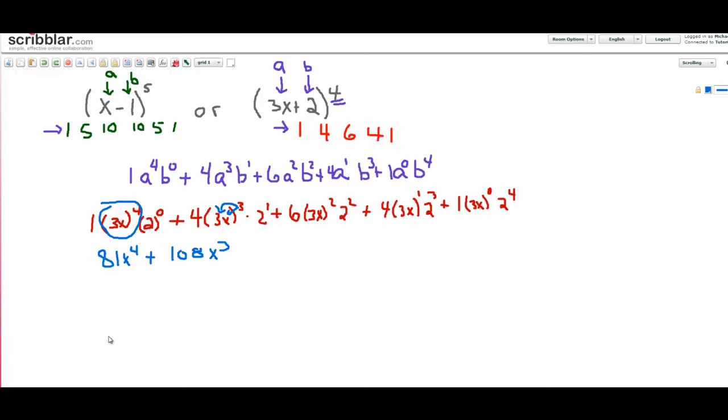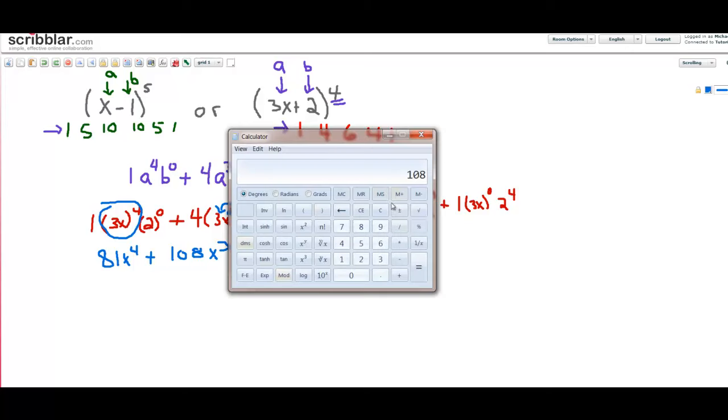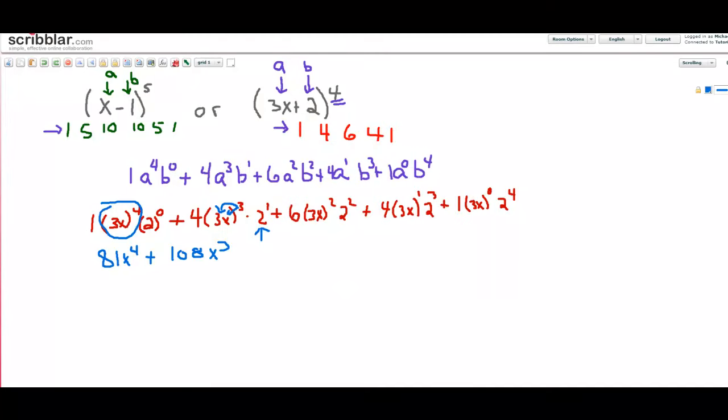And now a lot of students, when I start writing this, half of them say, oh, okay, that sounds right. But the other half usually say, hey, wait a minute, what about this guy? Exactly. That's 2 to the 1st, which is 2. So it's not just 108, it's 108 times 2. And so we're at 216. That's a very common mistake that I see students make. They'll completely forget about that too.